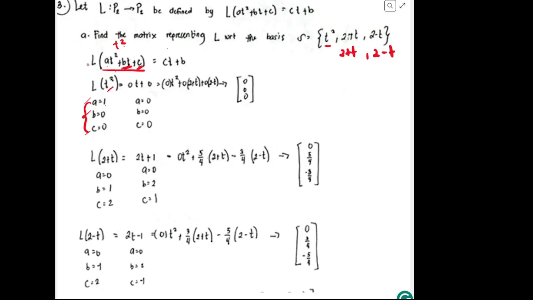Therefore, ma-transform siya to this transformation defined as ct plus b. Okay, may ara ikaw t squared, may ara ikaw sang t, may ara ikaw sang constant dire.